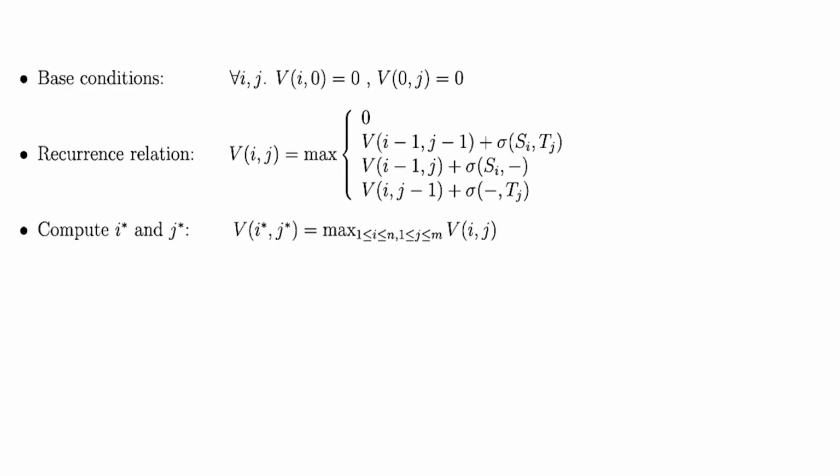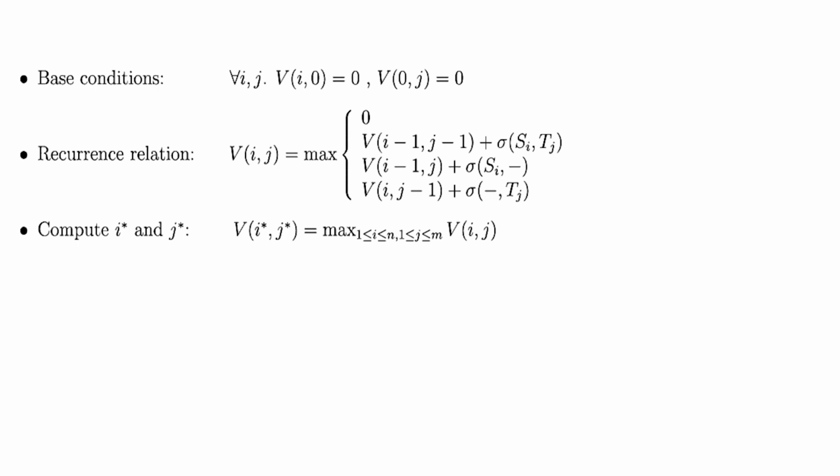Again, the formula for calculation of the local alignment: the initialization condition is that for all values of i and j, V(i,0) is equal to 0 and V(0,j) is equal to 0. For the recurrence conditions, you have to take the maximum value of diagonal, vertical and horizontal, and if from these three the value is coming in negative, it will be substituted by 0. That is, we take the maximum value from all of these, where 0 is also given in the conditions.